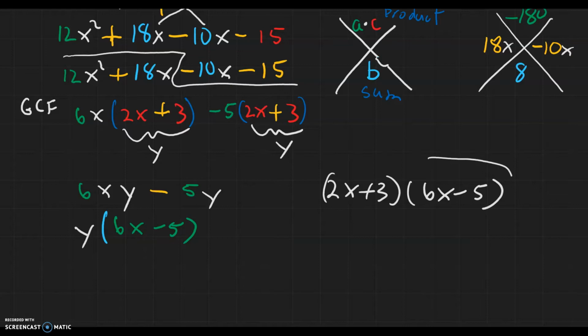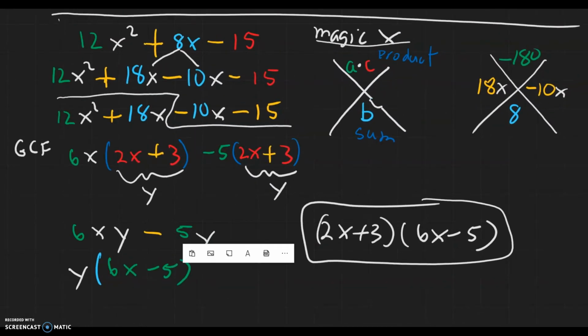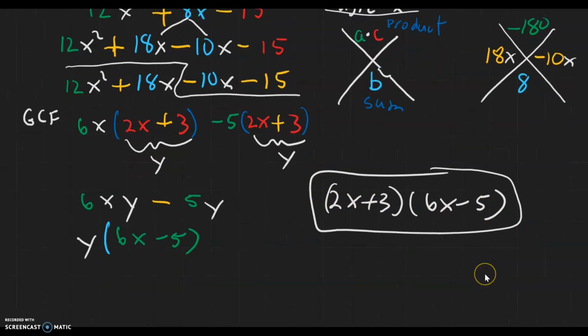And that would be the factorization of the original problem. If we go back to the original problem of 12x squared plus 8x minus 15, it factors into 2x plus 3 times 6x minus 5.